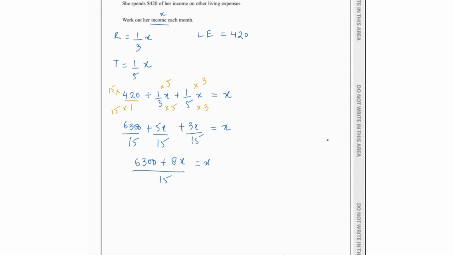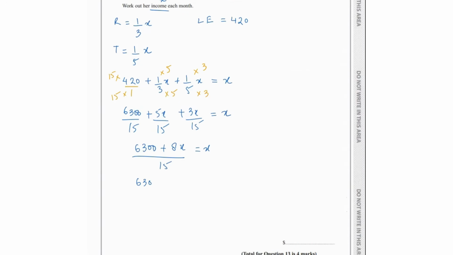Cross multiply. Collect the like terms on each side. That gives us 7x. So 6,300 divided by 7, that is $900. That is her income.